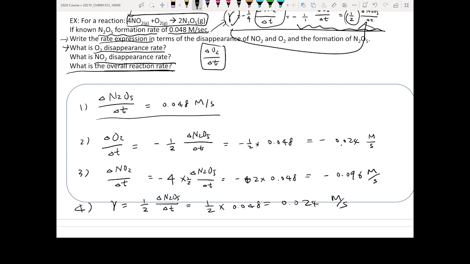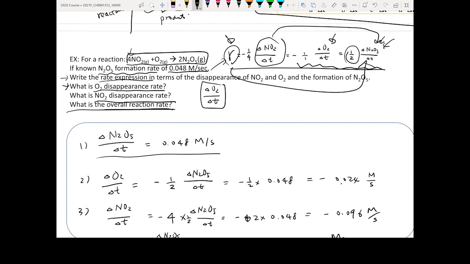So what's the key? The key is that when you look at one equation, can you write out the general expression of the overall reaction rate law? That's the key. And then based on the information provided in your equations, it will give you one of these, and then you can calculate all the others.